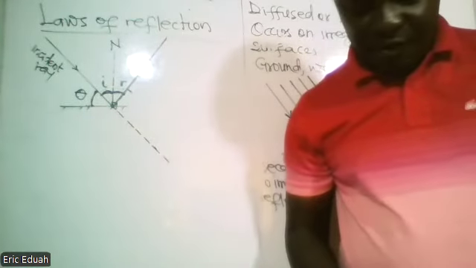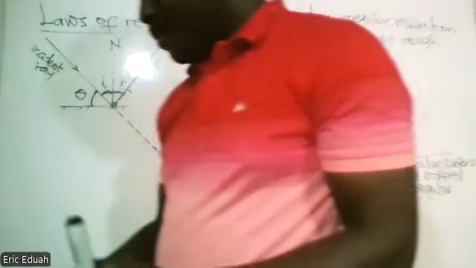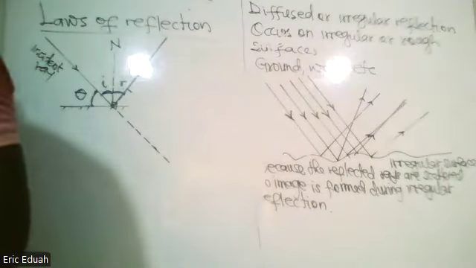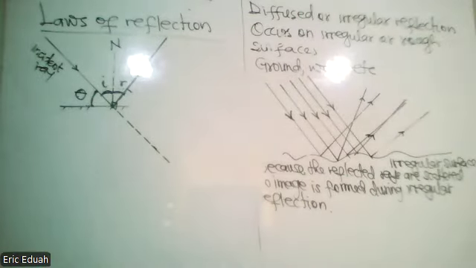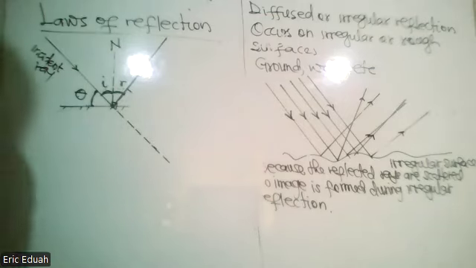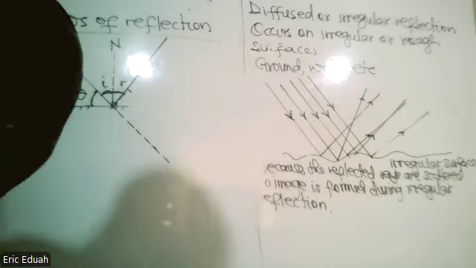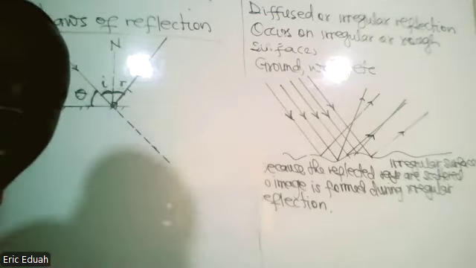Okay, it's been deviated. So if it is deviated, how much is the original path of the light deviated? Determining how much the path is deviated is a measure of the angle of deviation.